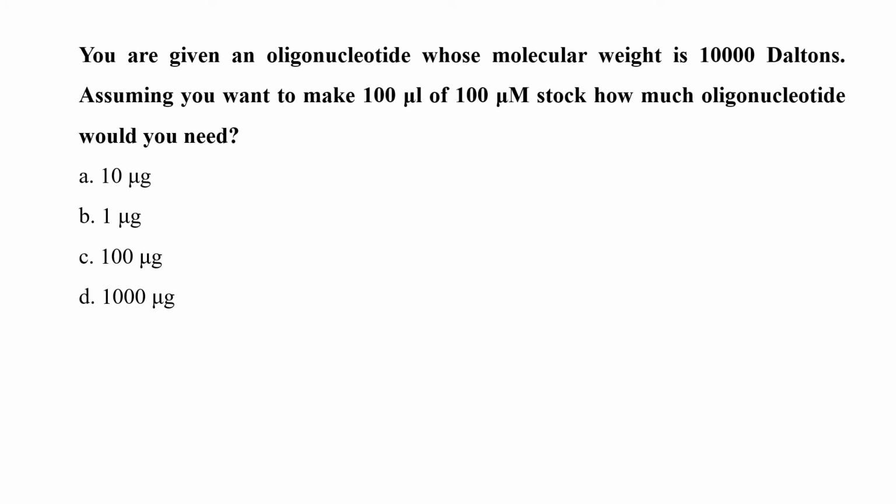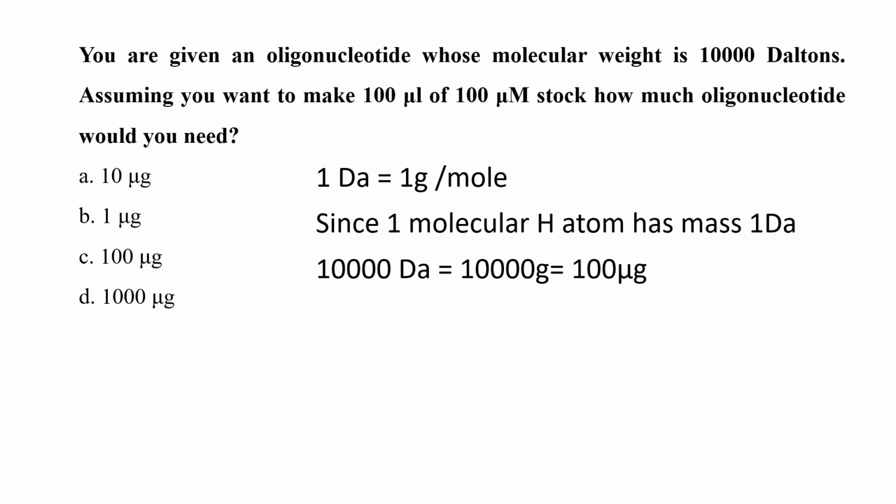Now, you are given an oligonucleotide whose molecular weight is 10,000 Daltons. Assuming you want to make 100 μl of 100 μM stock, how much oligonucleotide would you need? A. 10 μg, B. 1 μg, C. 100 μg, or D. 1000 μg. 1 Dalton is equal to 1 gram per mole.